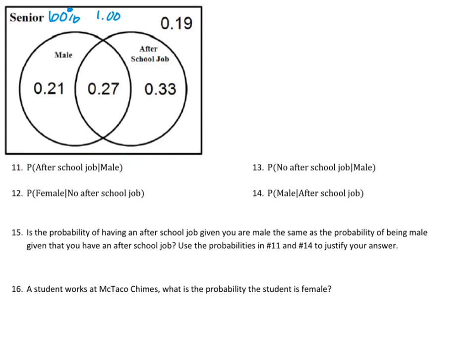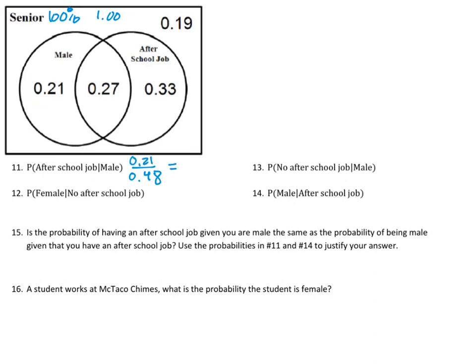Well, if you're going to do that, you have to figure out how many male in our population here, and then how many of those have an after-school job. The entire male section is going to be those two numbers added together, which is 0.48. Then you figure out what portion of that is male, which is the 0.21 there.